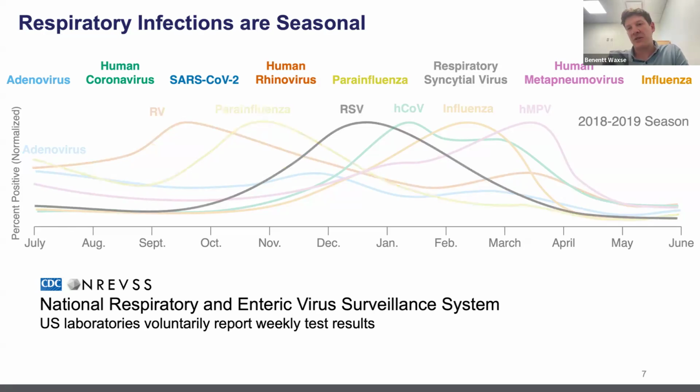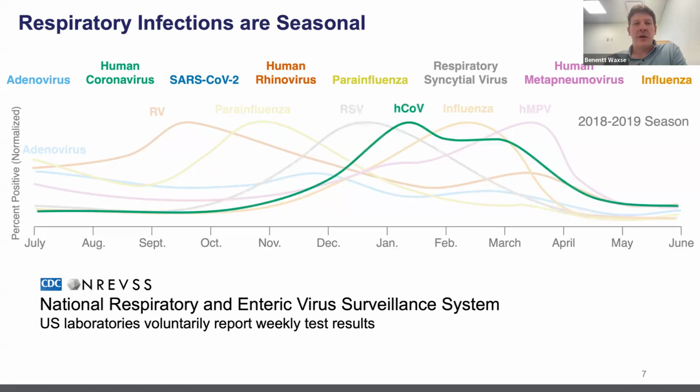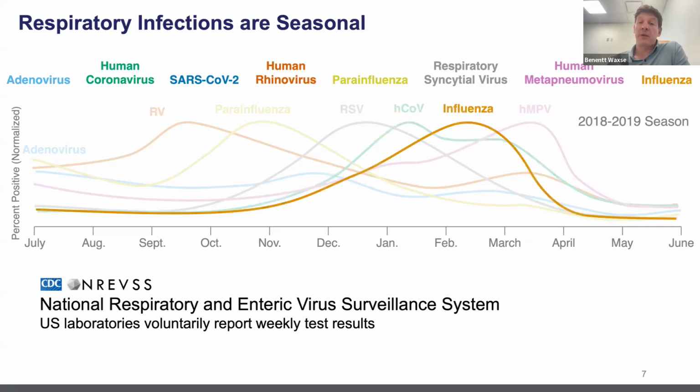So respiratory syncytial virus is one of the biggest viruses that I would say we know clinically because it has importance in terms of who's hospitalized, especially people who are of advanced age or are very young infants. After RSV, which occurs around December to January, human coronaviruses, which usually are the common cold, present in between RSV and influenza.